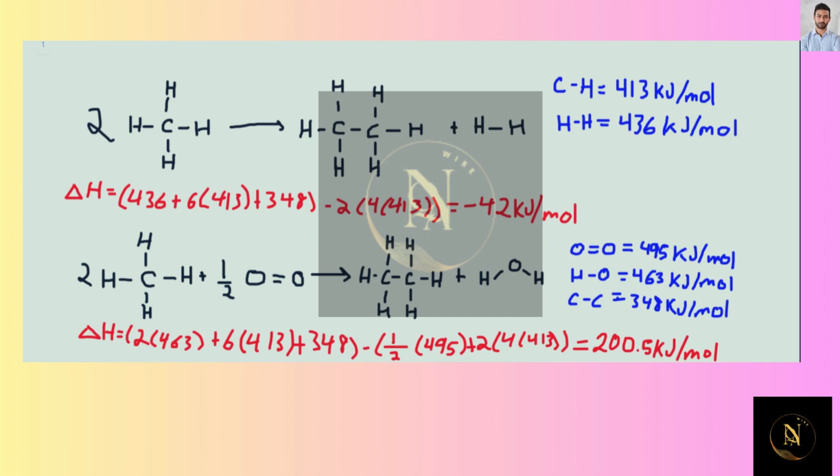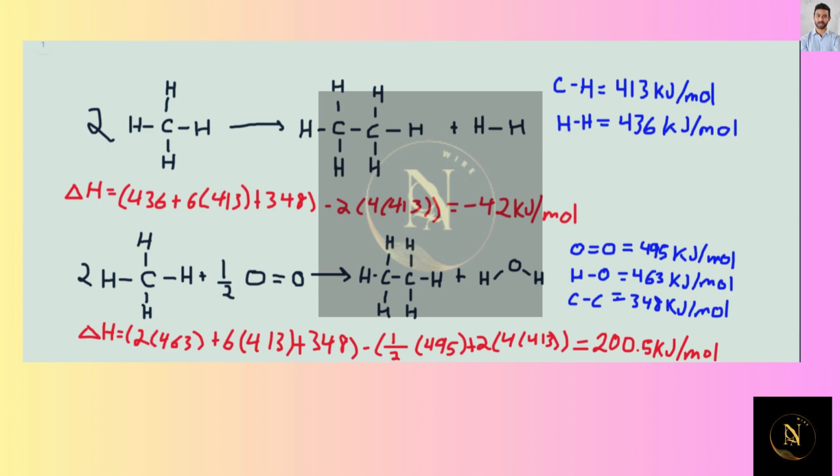Well, so we have the delta H for these two reactions. So when we look at the conversion of methane to ethane when oxygen is used, it has to do with the kind of bonds that we're forming.